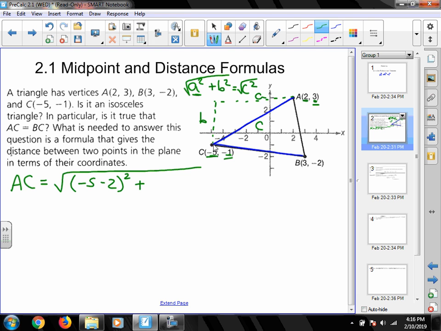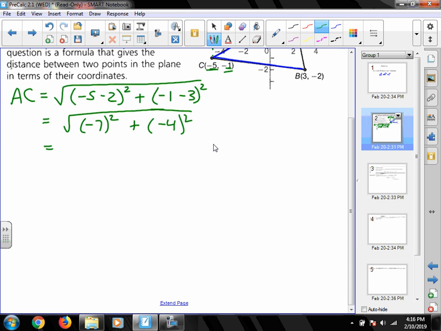So I'm going to go -1 minus 3, and I'm going to square it. Again, still working with b squared. So I get that AC is really equal to the square root of (-7) squared plus (-4) squared. Or to simplify this down a little bit more, the square root of 49 plus 16, or the square root of 65.